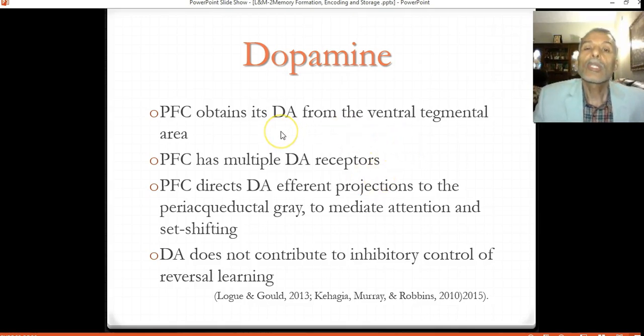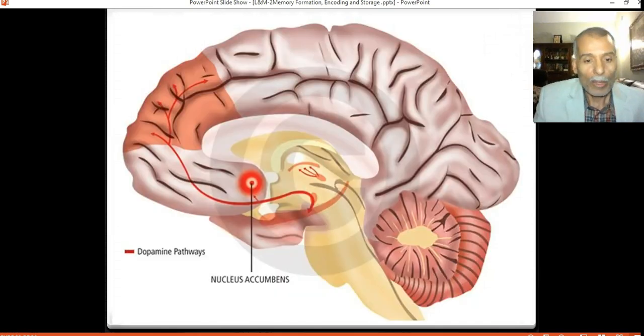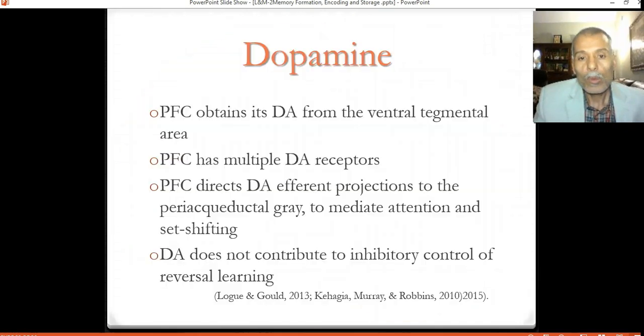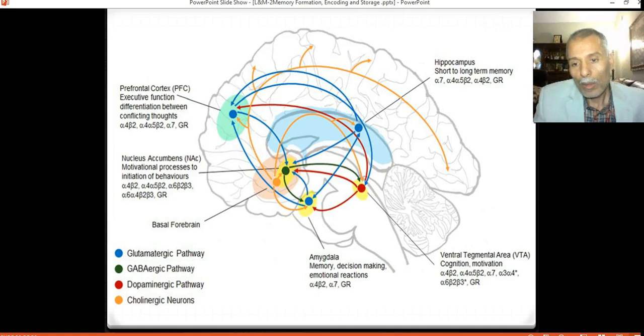The prefrontal cortex contains dopamine. It gets its dopamine from the area called the ventral tegmental area. So the ventral tegmental area, let me show you here, is part of the brain stem, but higher.